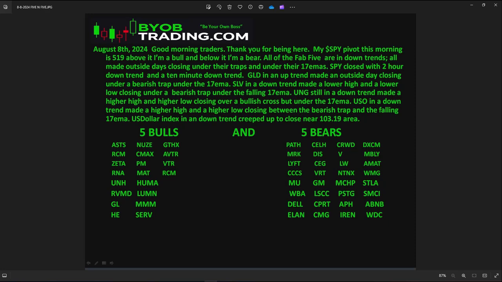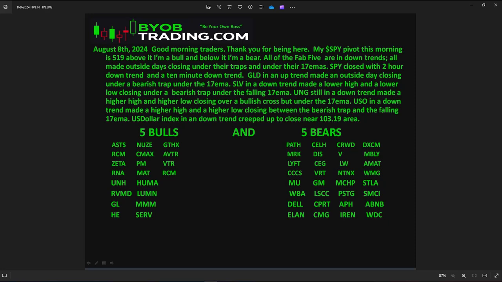Gold in an uptrend, made an outside day, but closed under a bearish trap under the 17 EMA. Silver still in a downtrend, made a lower high and a lower low, closing under the bearish trap under the falling 17 EMA. UNG still in a downtrend, made a higher high and a higher low, closing over the bullish cross, but underneath the falling 17 EMA.